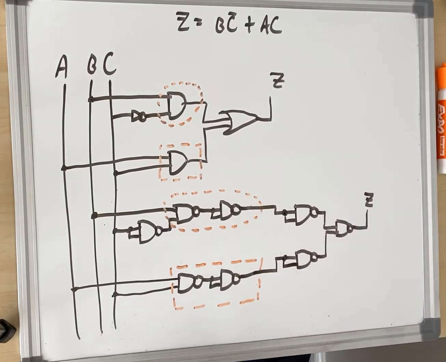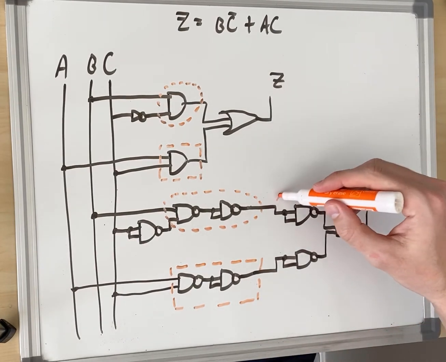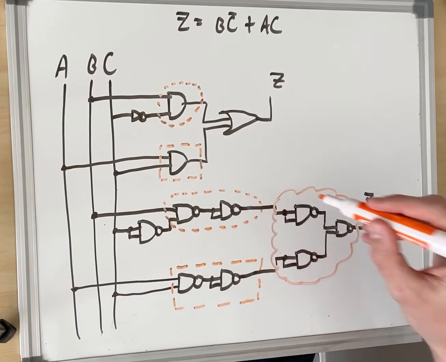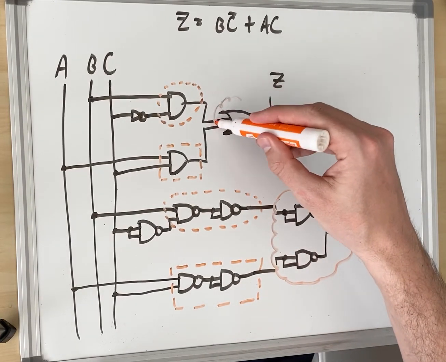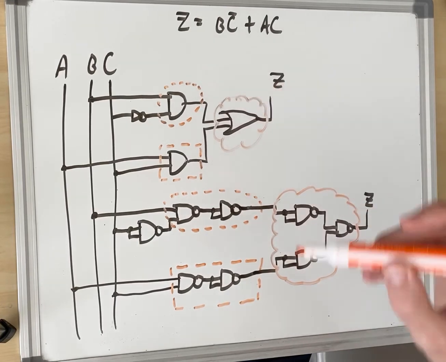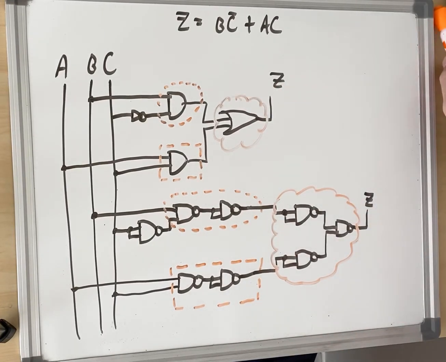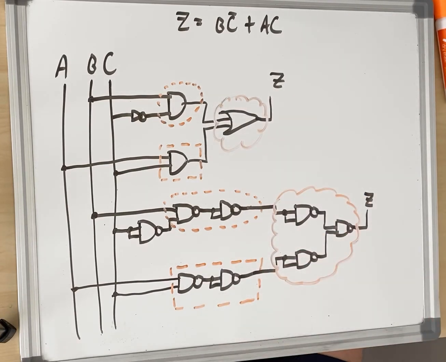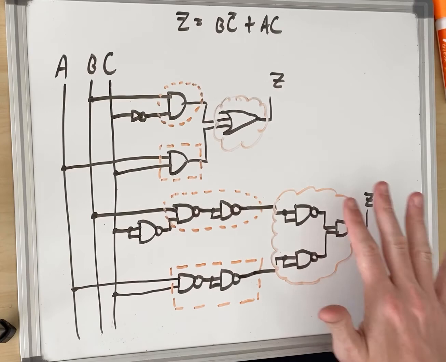Something like this. And these 3 are equivalent to this one. So now we have our equivalent circuits. Same output, but this one's using NAND only.